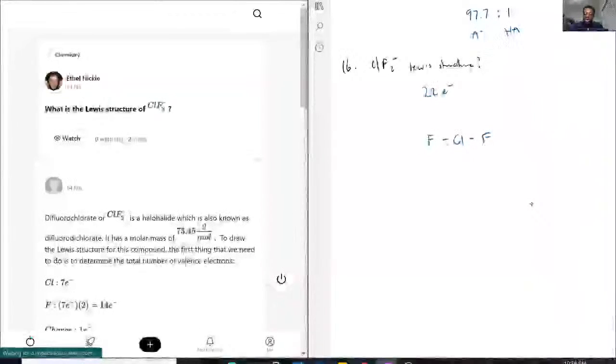And for fluorine, each of them is sharing 1 of its 7. So 2, 3, 4, 5, 6, 7. 2, 3, 4, 5, 6, 7. And now chlorine, on the other hand, is sharing, in this case, 2 of its 7.